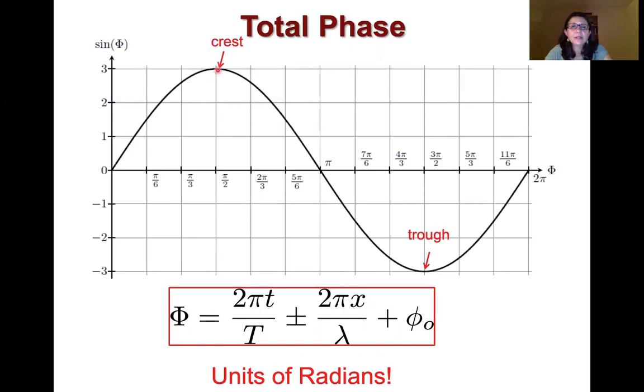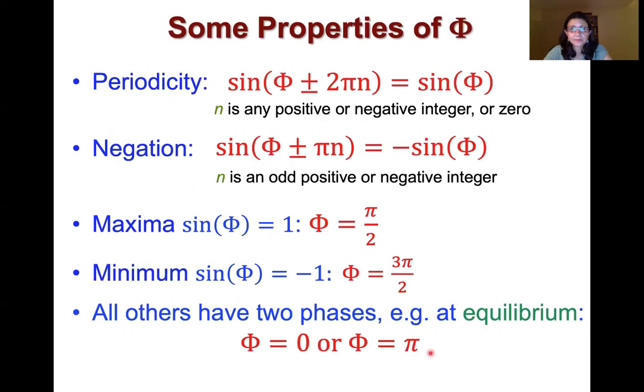So for example, another word for a maximum versus a minimum: for a maximum we often call that a crest, and a minimum is a trough. As you watch this wave propagate, this crest will move to the right or the left, and it is described by a specific total phase. We use capital phi for total phase and lower case phi naught for phase constant, so they have two different meanings.